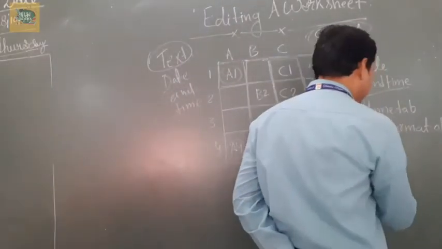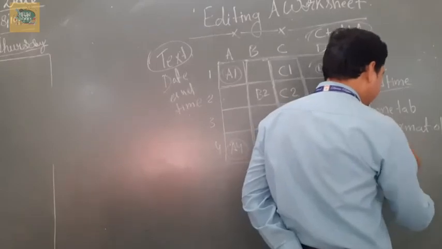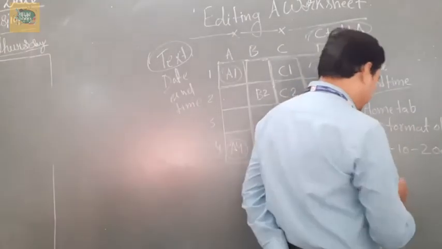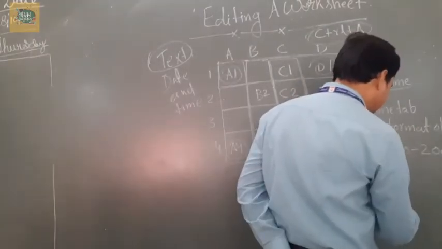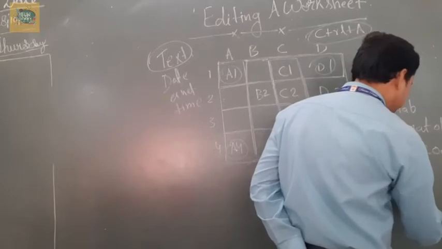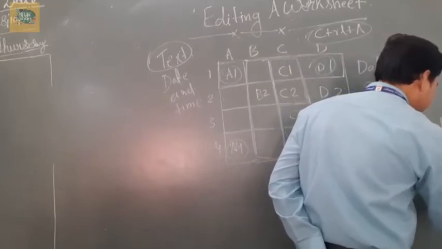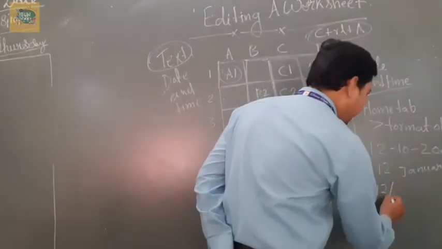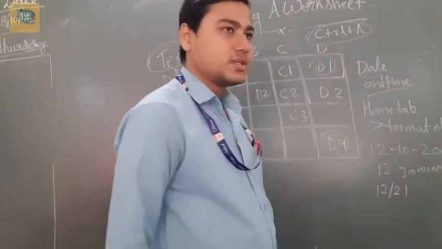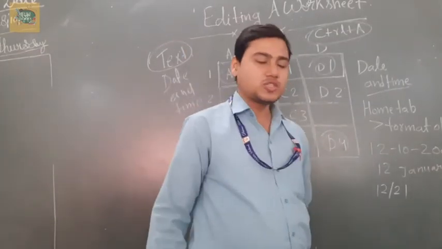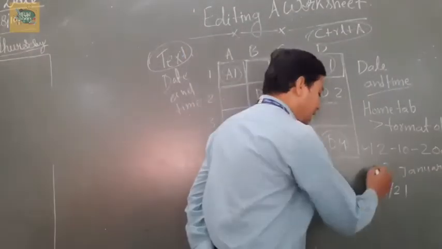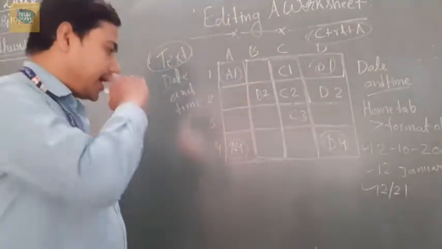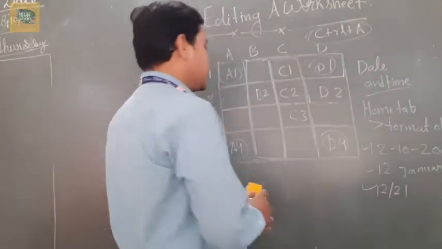You can write like 12/10/2001, or another way, 12 January 2001, or 12/21. So these are all the formatting of date and time. I hope you are getting it.